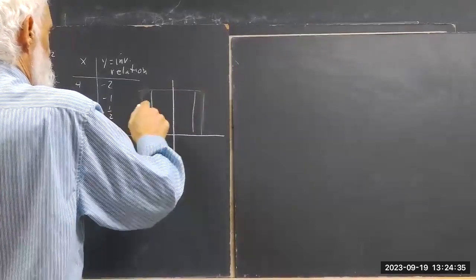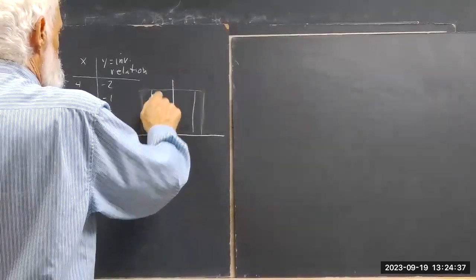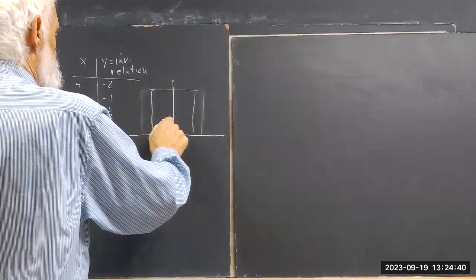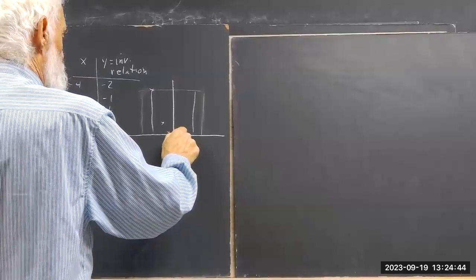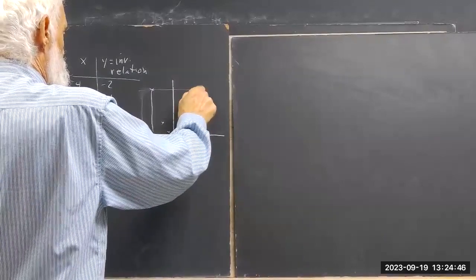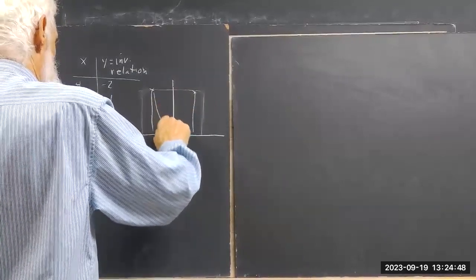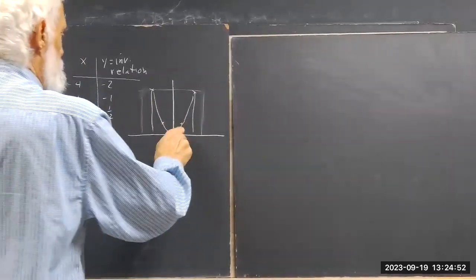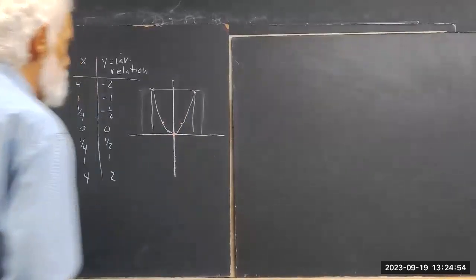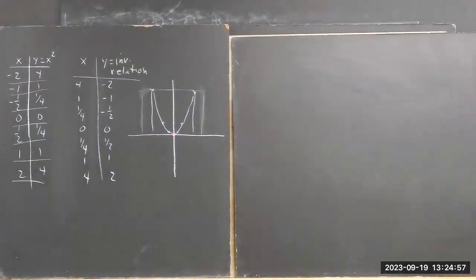So you sketch the graph, the squaring function. I'm not going to go through details of the construction, but you go through the construction and you get these 7 points, including the red dot at the origin.